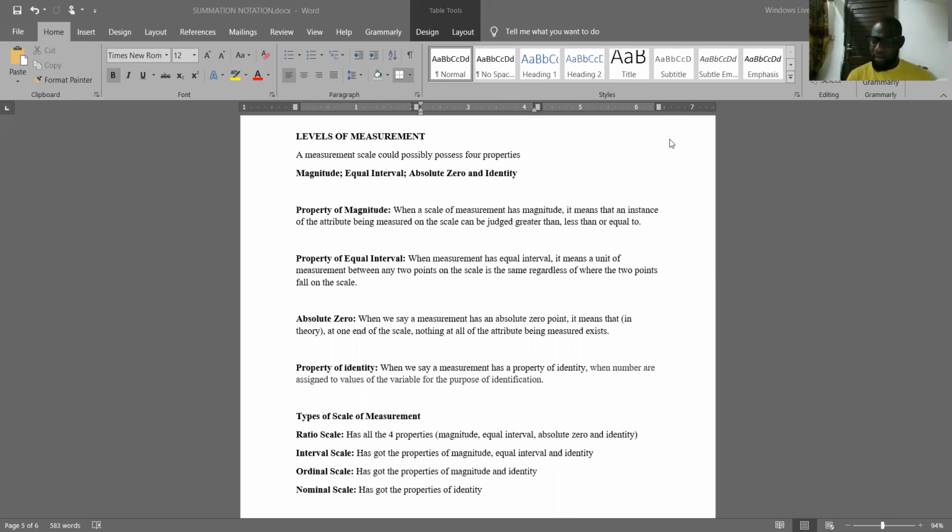Let's say the distance from Accra to Kumasi is 250 kilometers, and the distance from Accra again to, this time around, Cape Coast is 150 kilometers.